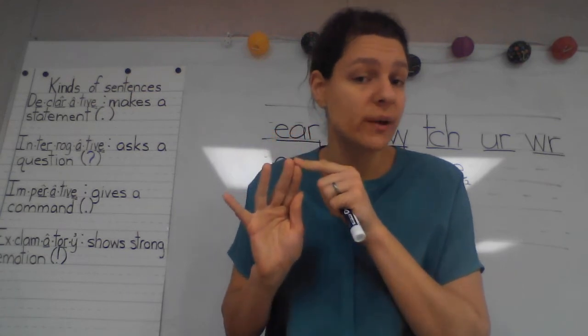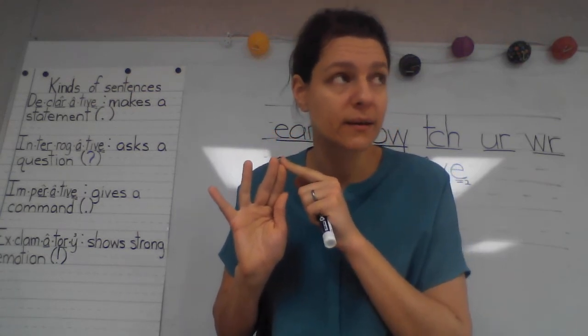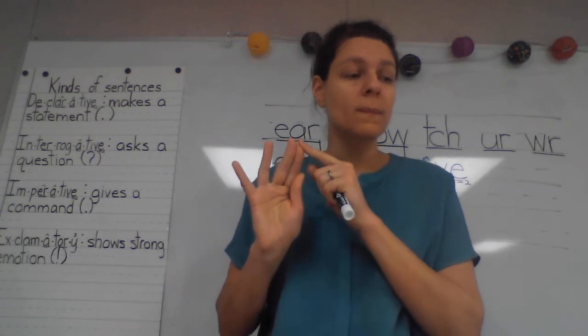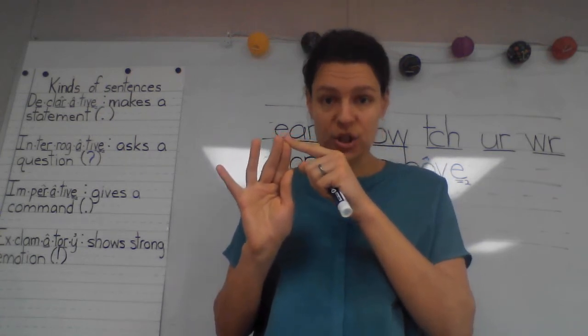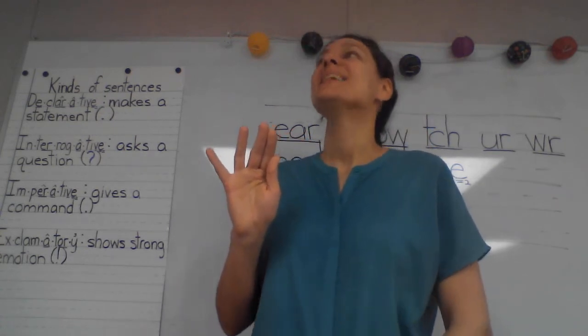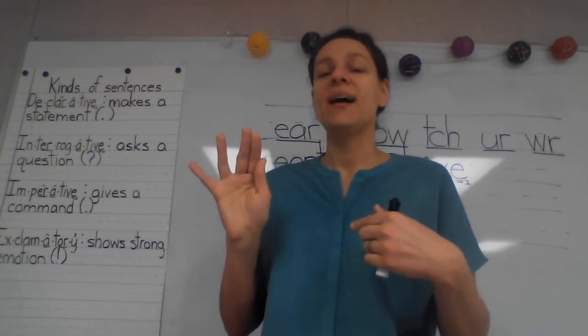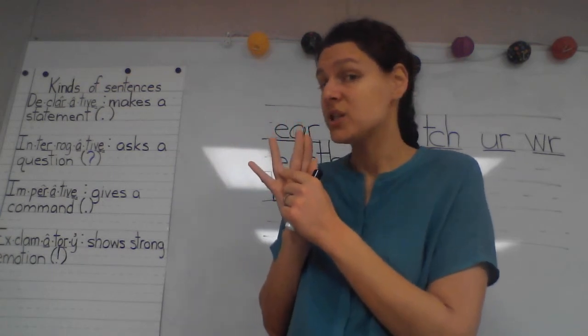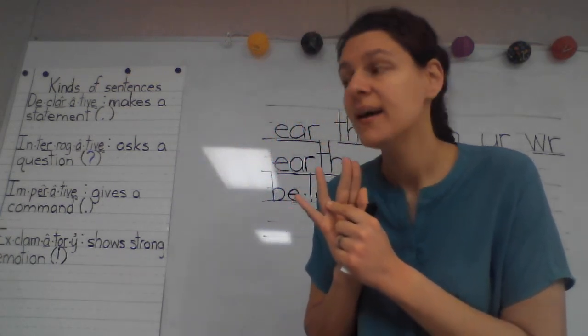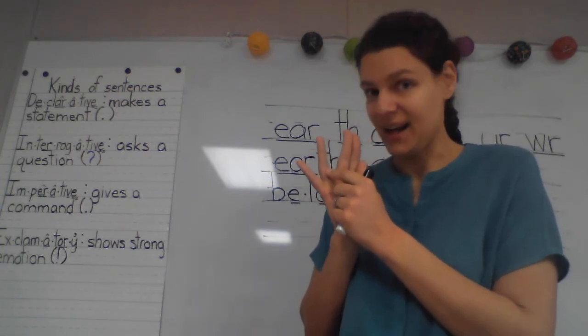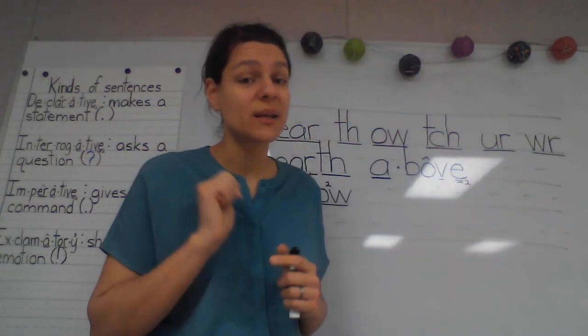Class, which ch do we use in watch? Good. Ch, 3-letter ch, used after a single vowel that says ah, or a. And one more time, which a do we use? Good. Ah, a, ah. All right, class, say the sounds while you write them.